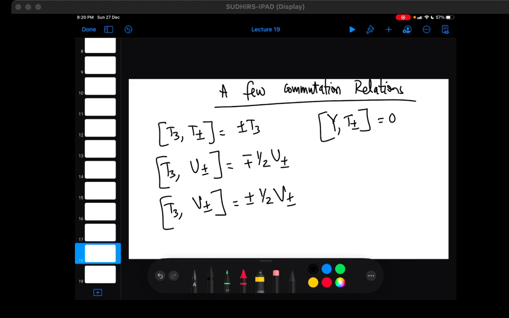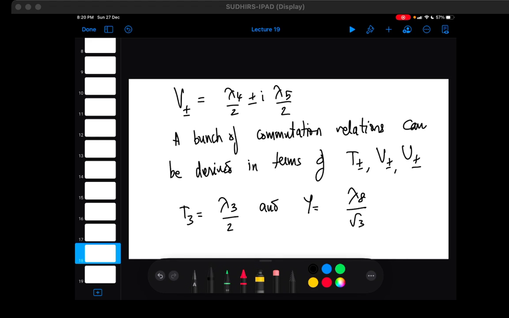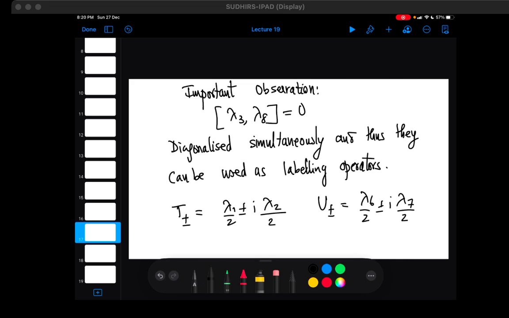Some of the commutation relations are given as follows: T3 and U give lambda 6, lambda 7.